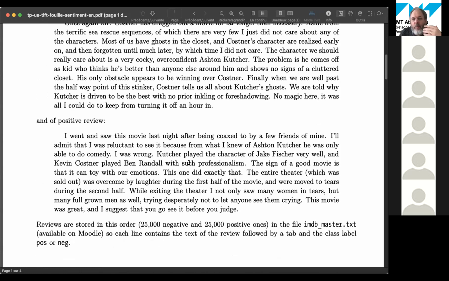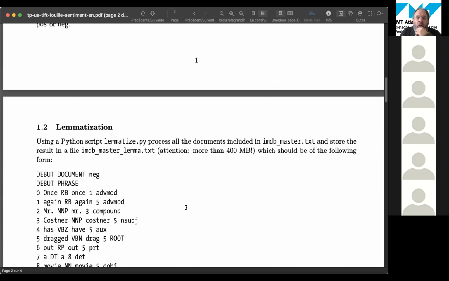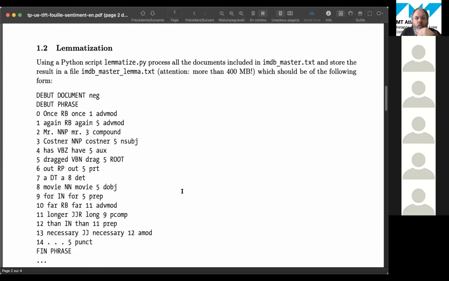The original corpus also has neutral reviews. I have kept only the negative and the positive ones. And I lemmatized the corpus. So you don't need to do it. You can do it if you want, but on Moodle you have all the lemmatized data already.